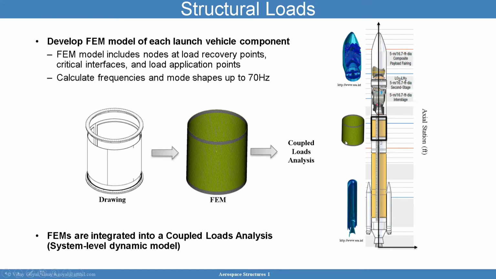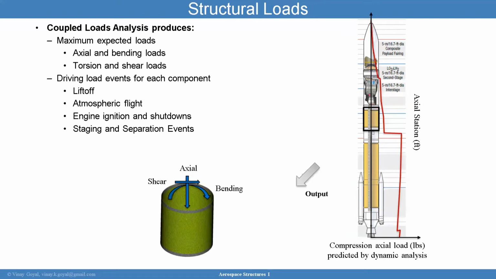Again, these models are not accurate to get stresses, but they tend to be very accurate for getting interface loads. And these interface loads can be very powerful in then driving a test program and also performing analyses that can help make sure they have sufficient structural margins.